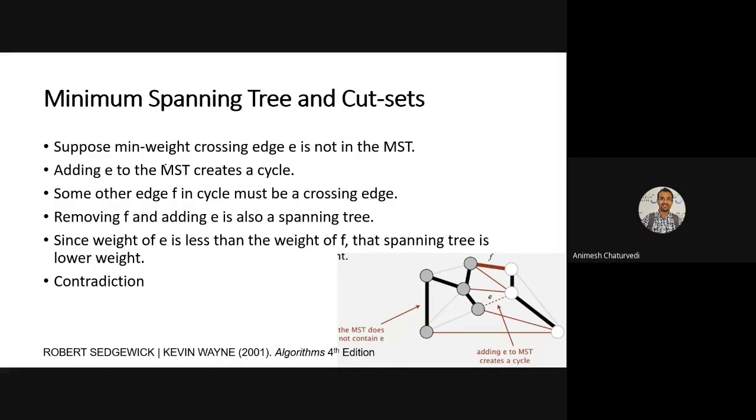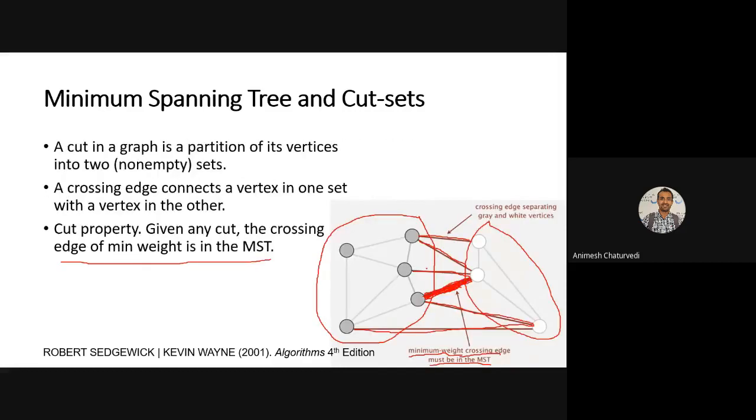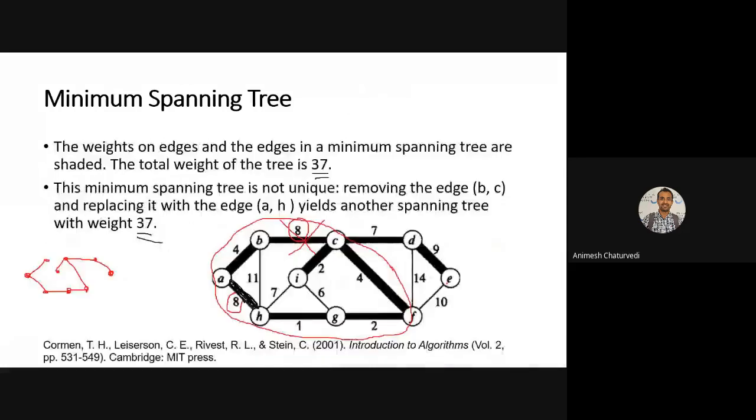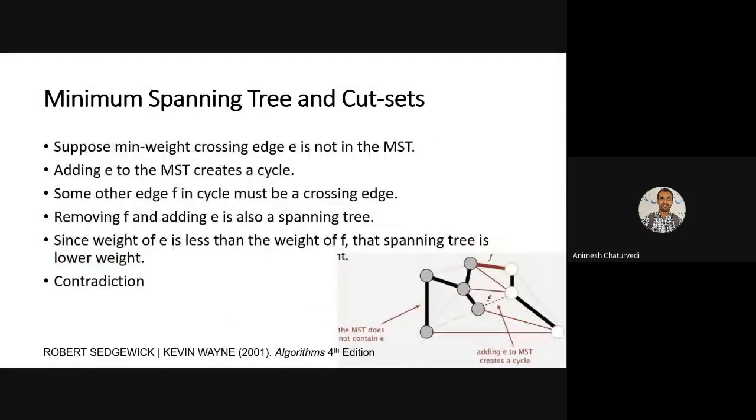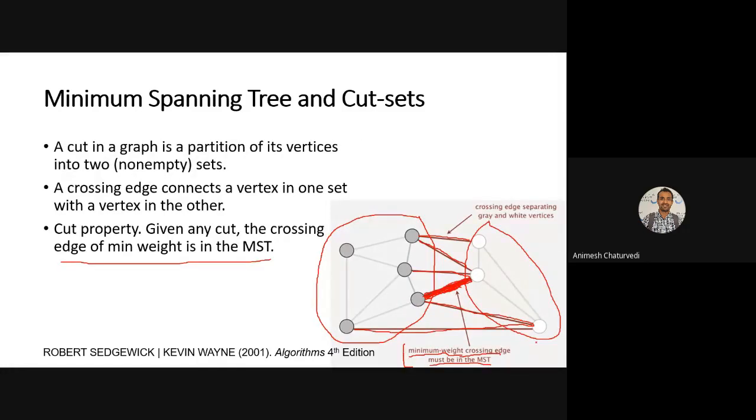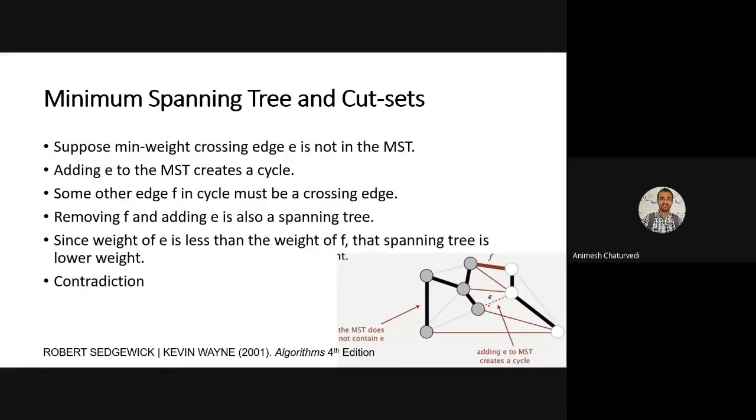We first assume that both the graphs are the same. There's no difference. So we say that this edge E is the same edge that we discussed as the minimum weighted crossing edge. We assume that edge E is not part of the minimum spanning tree.